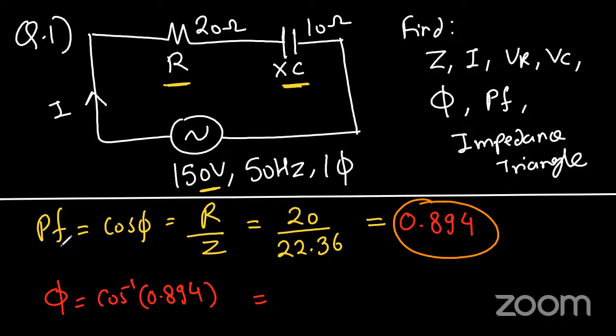I think it's the correct. 26.61 or 26.619 चलेगा. तो इसको कन्वर्ट भी कर सकते हैं 26.62. This is perfect. This is your phase, or we can say phase difference. Phase angle, phase difference. 26.61, 26.62 चलेगा. So take 0.894. अगर आपने 0.89 लिया तो थोड़ा फर्क आएगा.